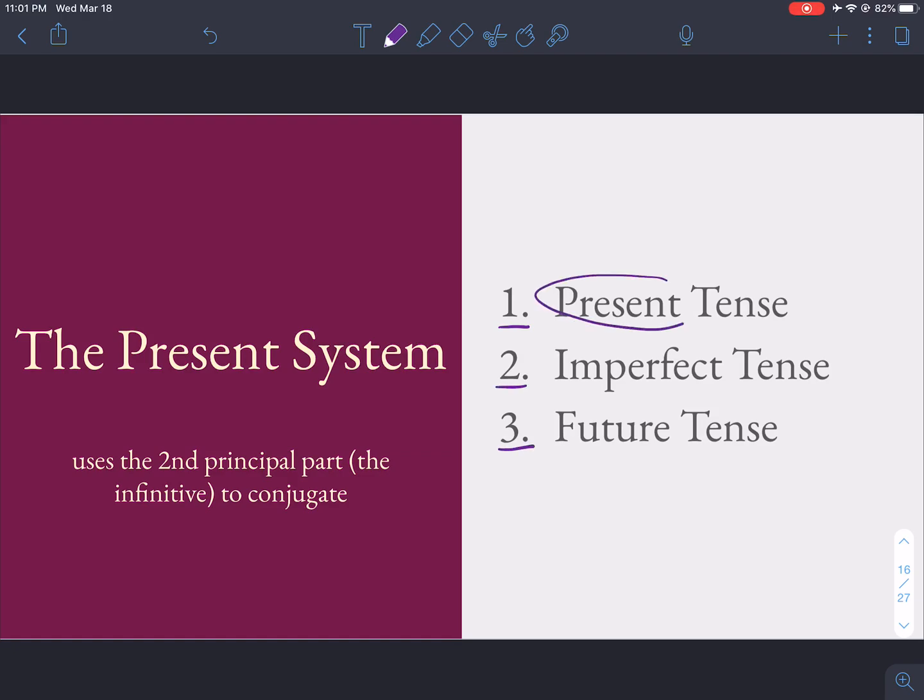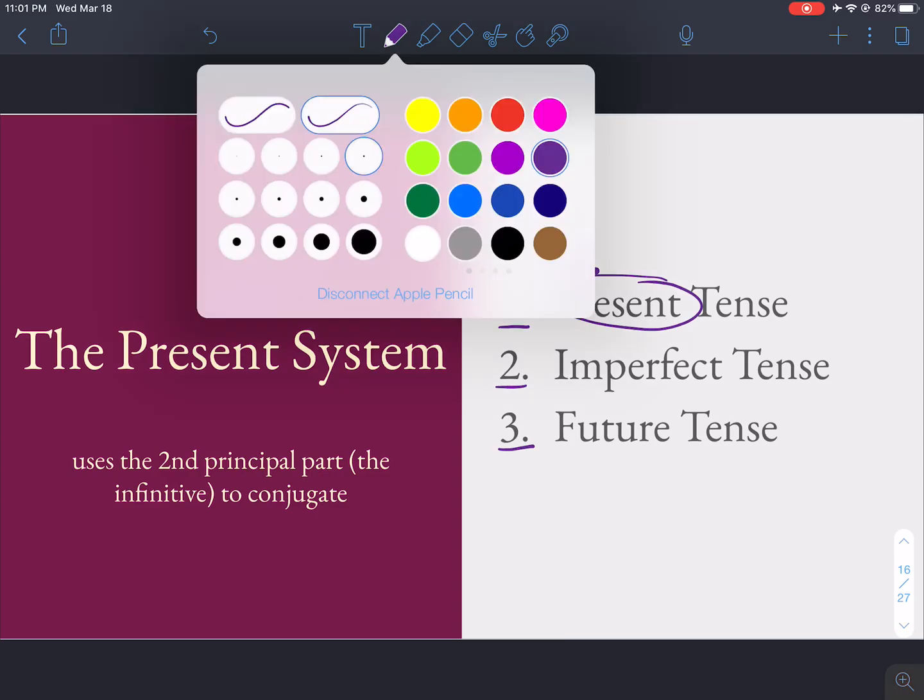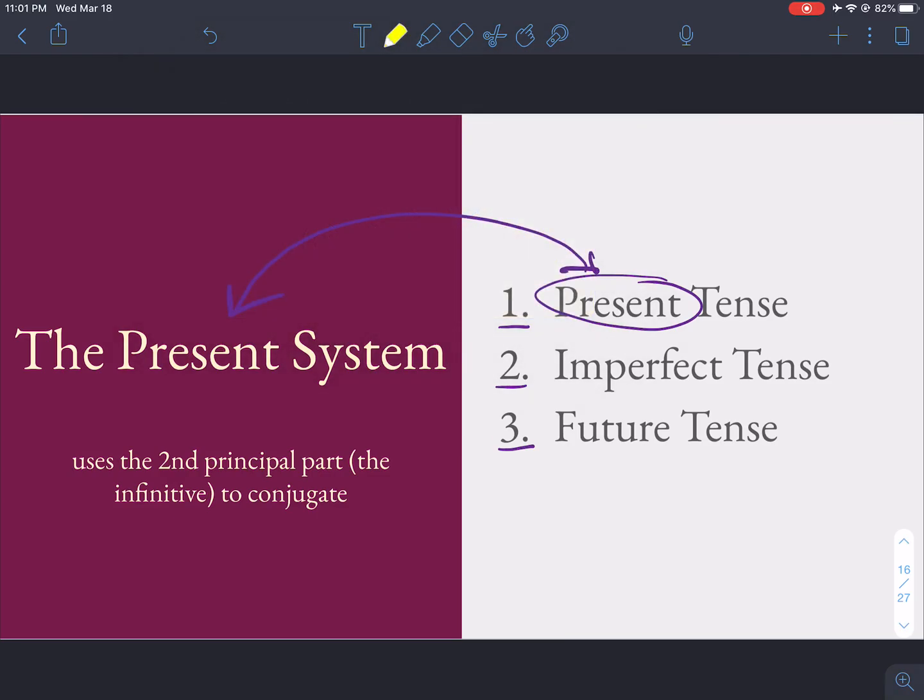The present tense is included in the name of the system that it is included in. You see what I mean? The present system uses the second principal part of the infinitive to conjugate. We'll go over what that means more specifically momentarily.